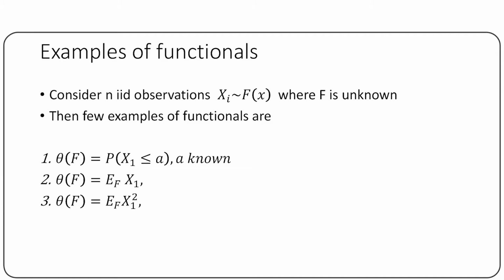Assume X_i are IID observations from an unknown distribution F, where F is, as usual, unknown but known to be continuous. Then a few possible functionals are: number 1, theta equal to the expected value of the indicator of X less than or equal to a, where a is known, under capital F. As our next example, we consider the expected value of X, where the class script F contains all distribution functions with finite expectation.